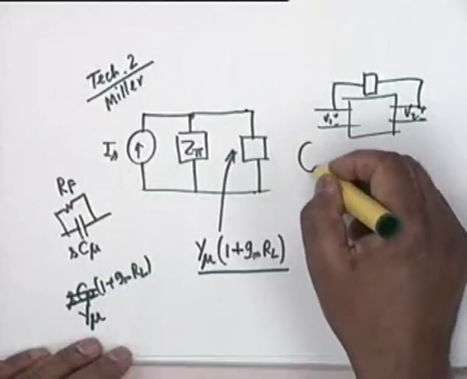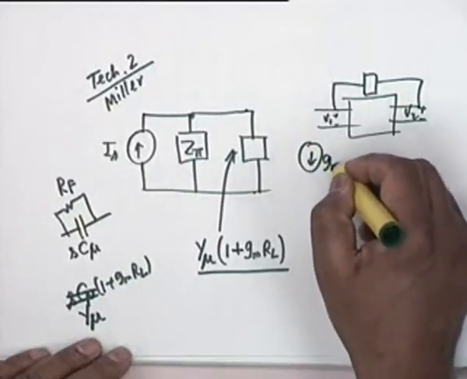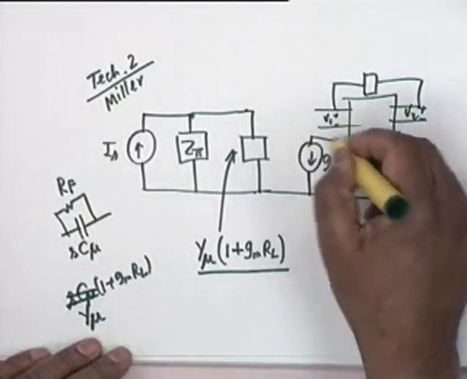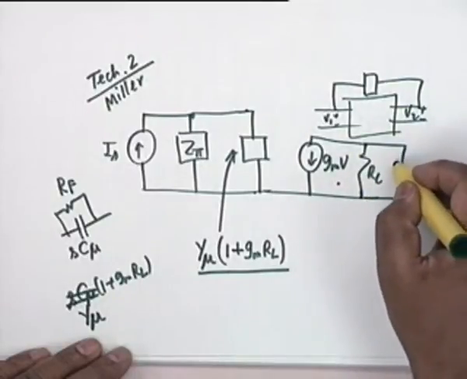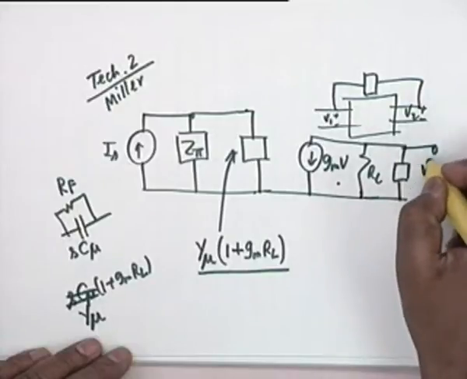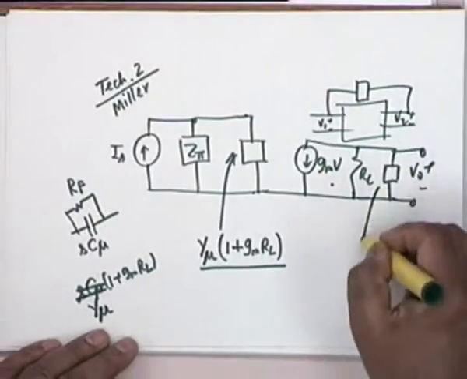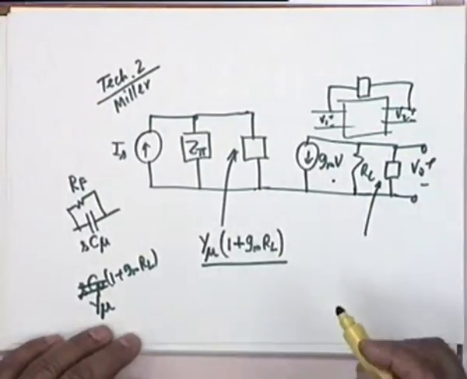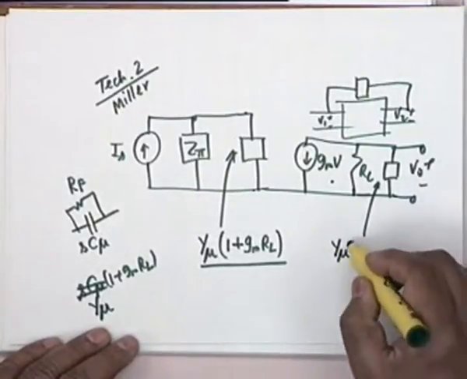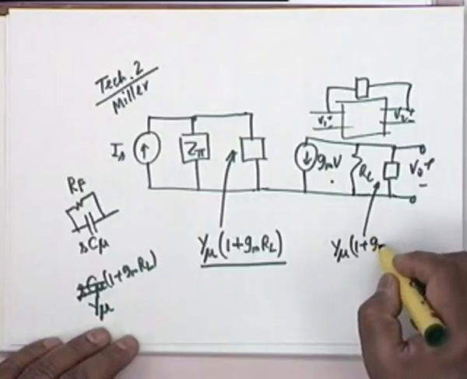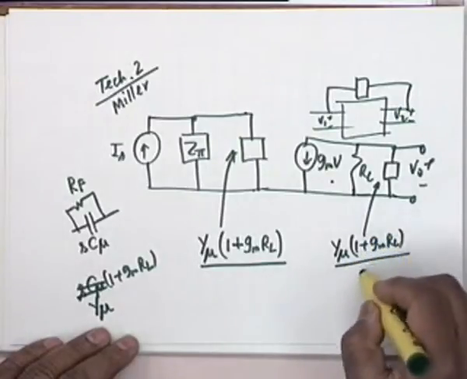Now, then we have at the output circuit, what do we have? We have GMV, then RL. What is it reflected as? This is V0. What would be this impedance? It would not be Y mu. It would be Y mu times (1 plus GMRL) divided by GMRL.